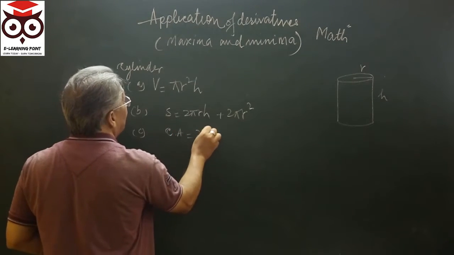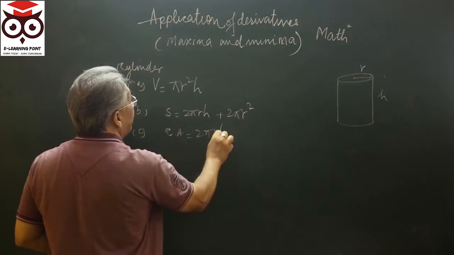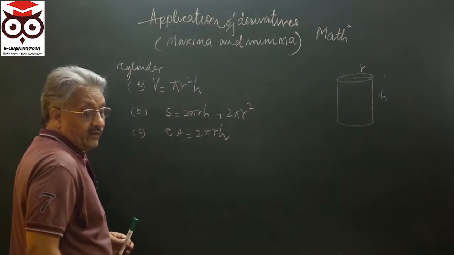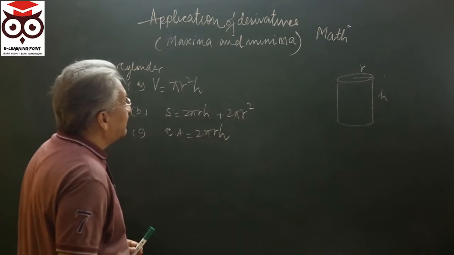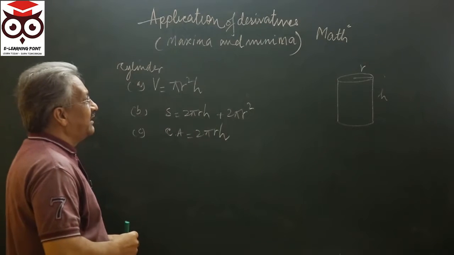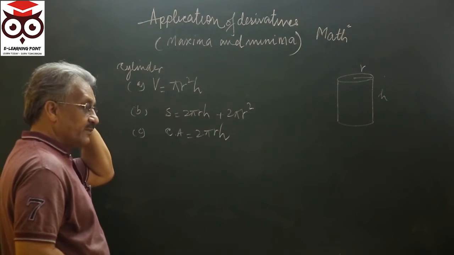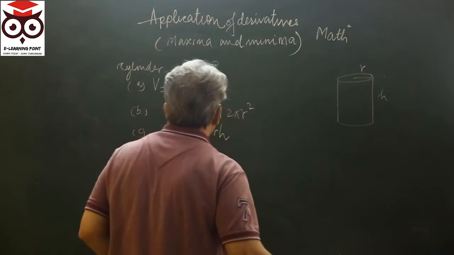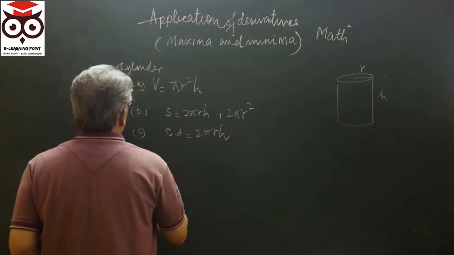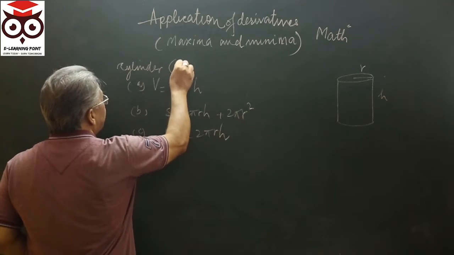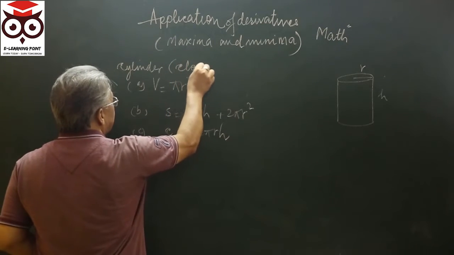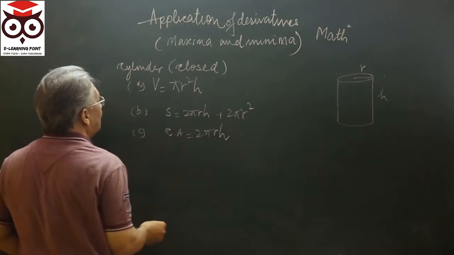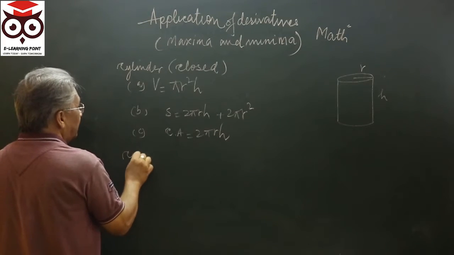Curved area is only 2 pi r h. These are the three important formulas for the cylinder. This is a closed end cylinder.